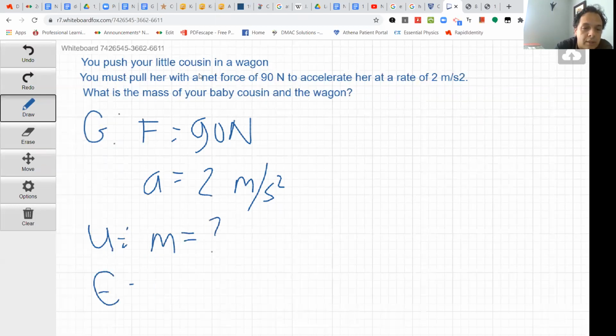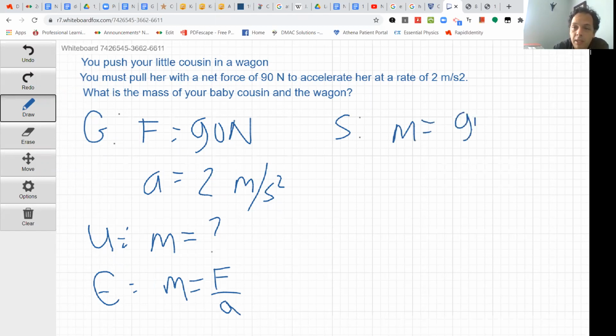So what equation are we going to use? We're going to use mass equals force divided by acceleration. So then we're going to substitute. So 90 newtons divided by 2 meters per second squared.